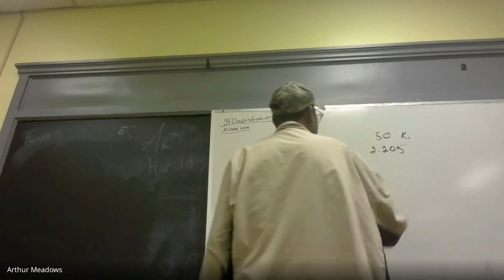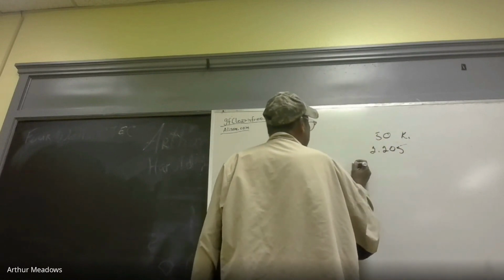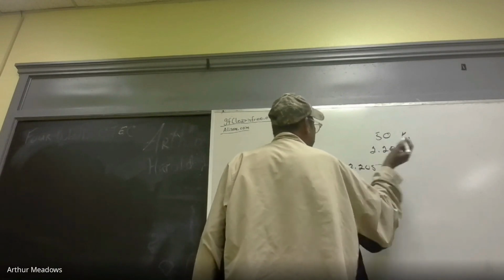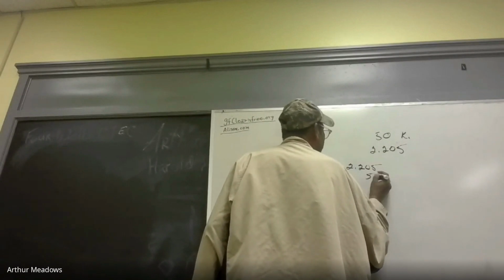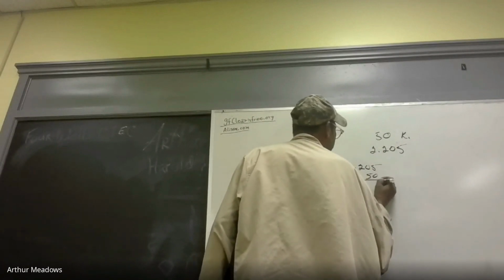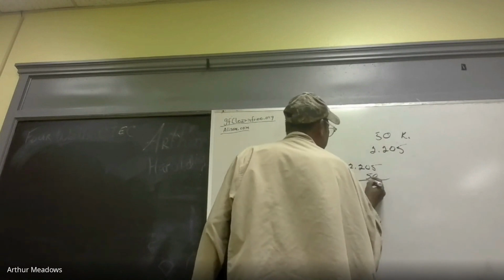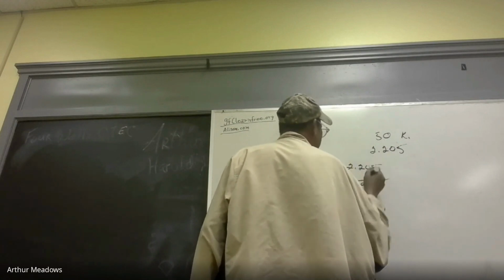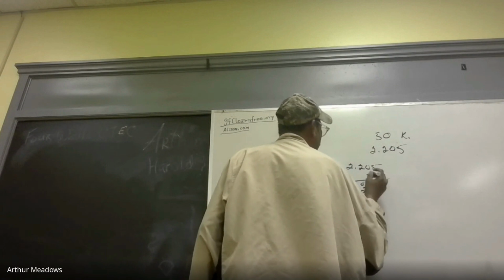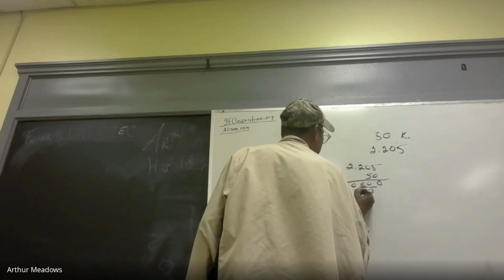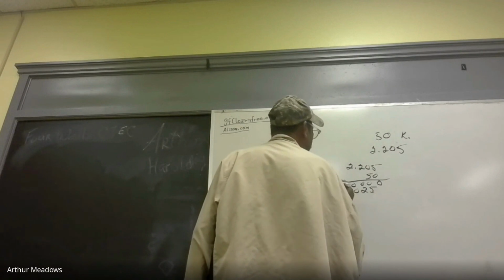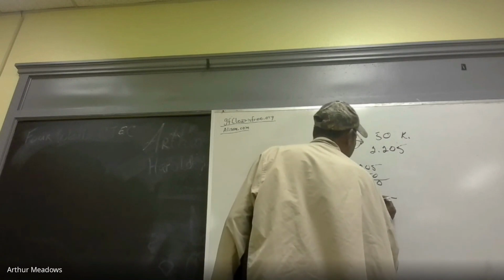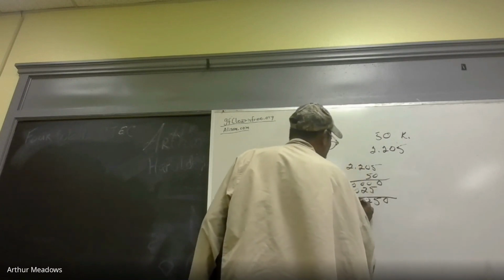Now I'm gonna switch that one around again too. I want 2.205 on the bottom because I don't want to do all the extra work. 5 times 0, we ain't gonna worry with that. That's gonna be 0. 5 times 5, 25. 5 times 0, so we just bring down that 2. 5 times 2 is 10, plus 1 left over, that makes it 11. 0, 5, 2, 0, 1, 1.